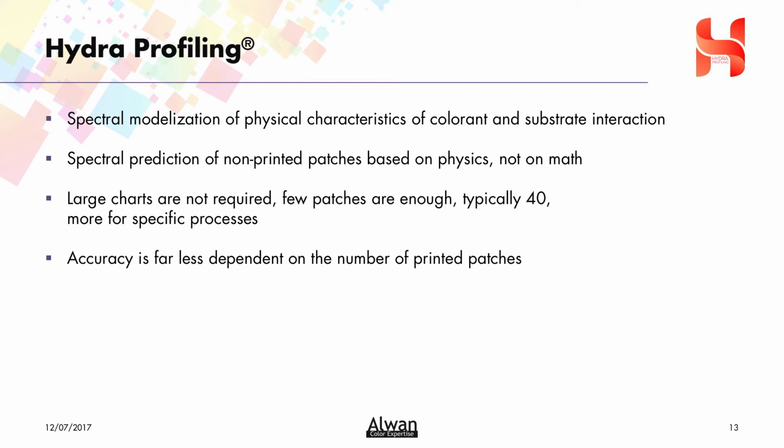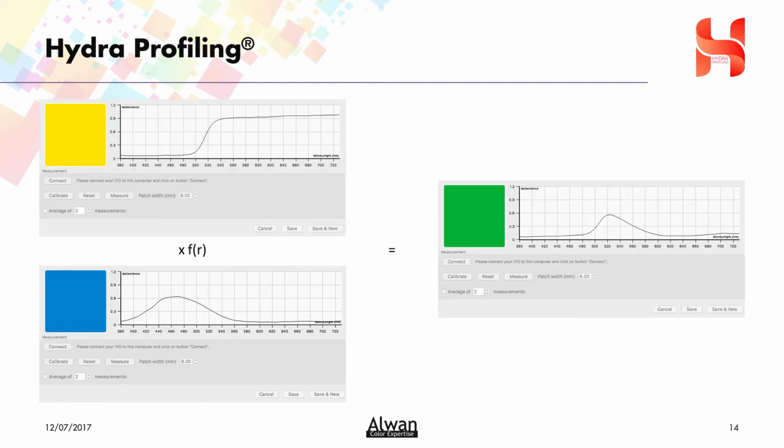So in this case, the accuracy of the prediction does not depend on the number of points. It depends on your model accuracy. And this is why with Hydra profiling, you don't need so many points, because you need to understand the ink and paper relationship. You are not sampling the color space.